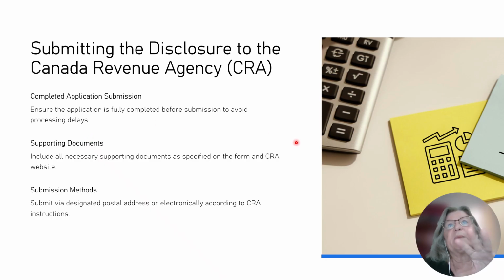So we've made sure it's completed before the submission to avoid processing delays. We've got all the supporting documents and the submission methods, and it is going to Revenue Canada electronically according to their instructions. And because you've given your CPA authorization, they will file that online for you, but after you file. They can't file without consent, all right?